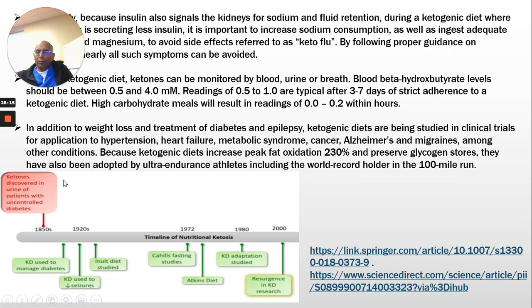And like we said, ketones were discovered long before, even in the 1850s, and the diet was being done. This kind of diet has been followed by the Inuits. The problem is because of a lot of recommendations that happened in the late 1970s to early 1980s.